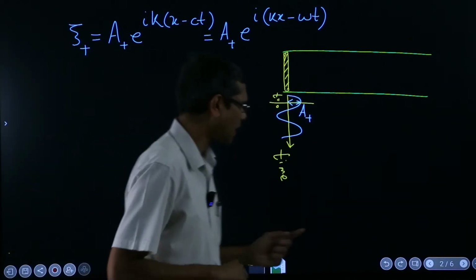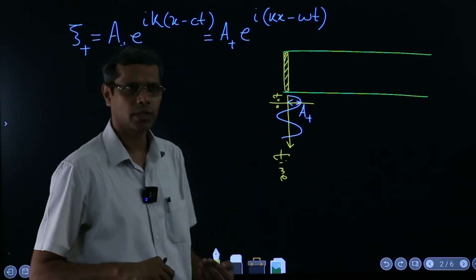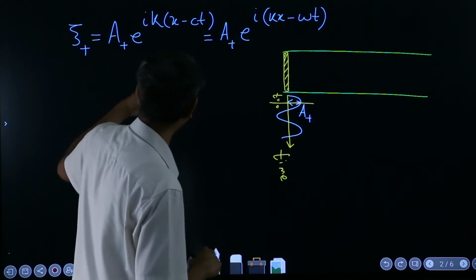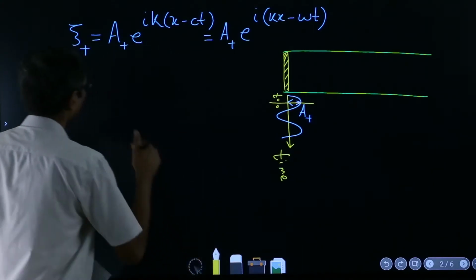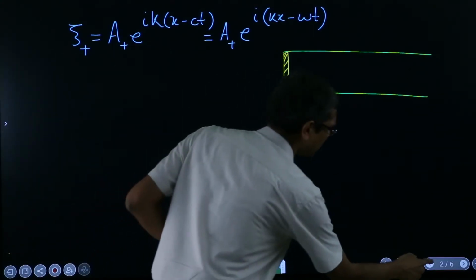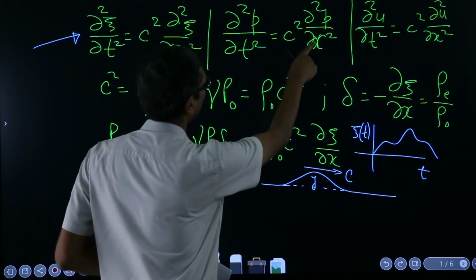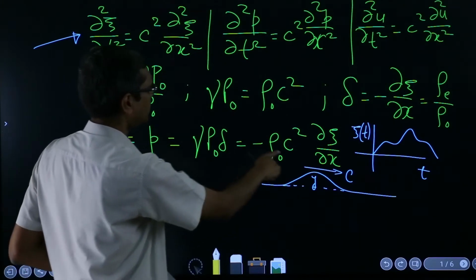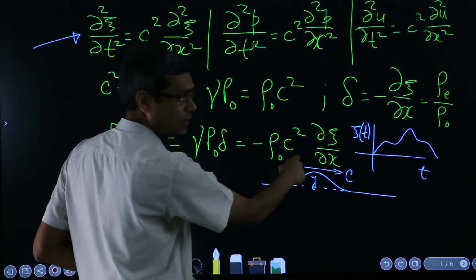Okay. Now for that, last class we just wrote down the equation, but now I'll just show you what is the meaning of that. Now see, we said that the equation of the pressure also will be of the same form, and the pressure is related to the xi like this.